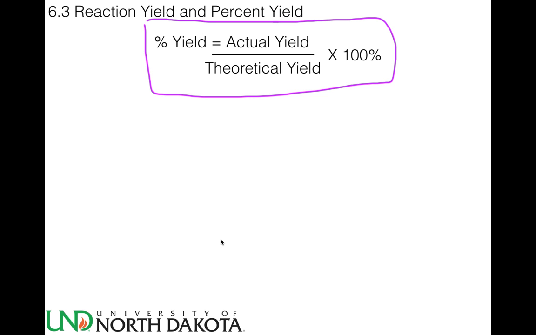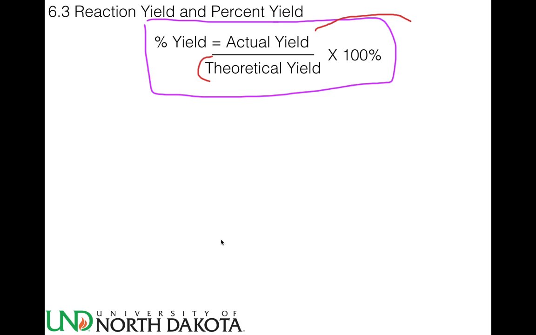Now, in terms of what these values are, actual yield is something that can be calculated in the lab, but in terms of a problem that we do in class, it's something that we will either solve for as a variable, or it's something that we are given in the problem.